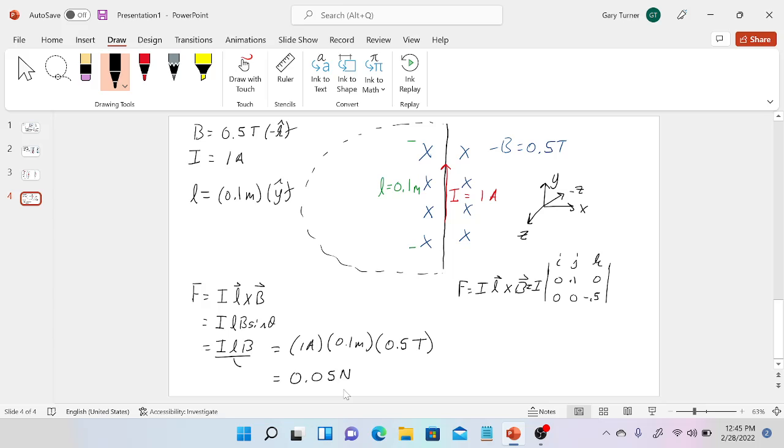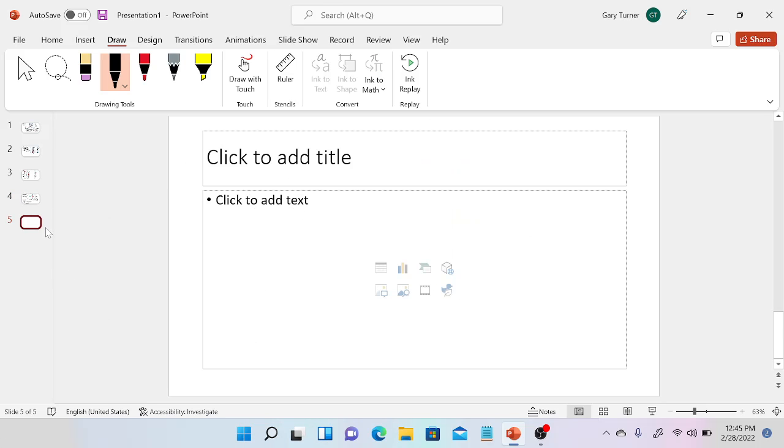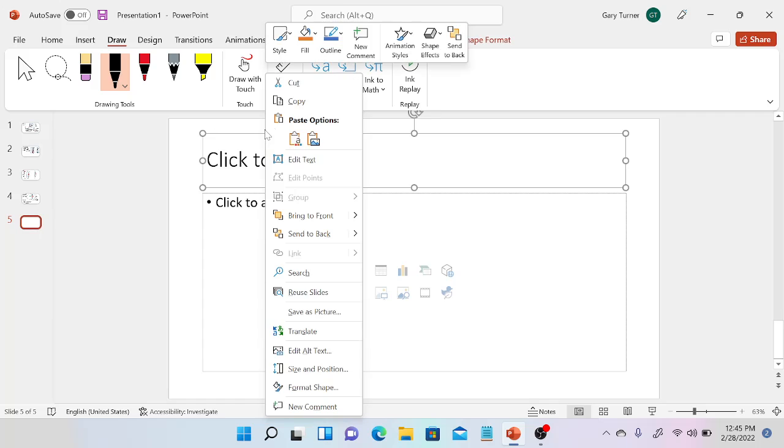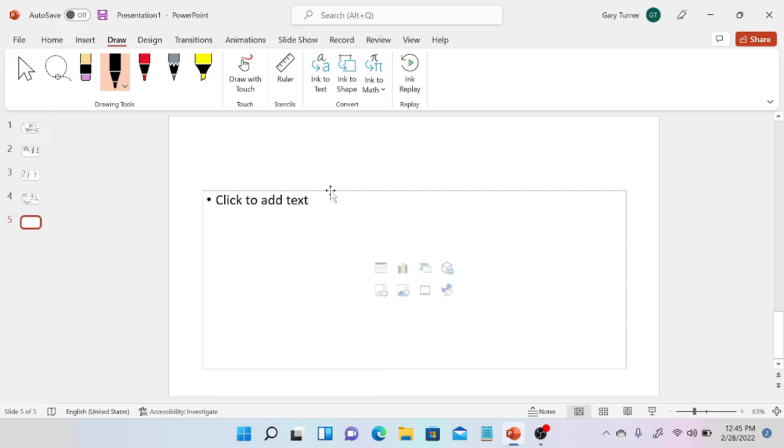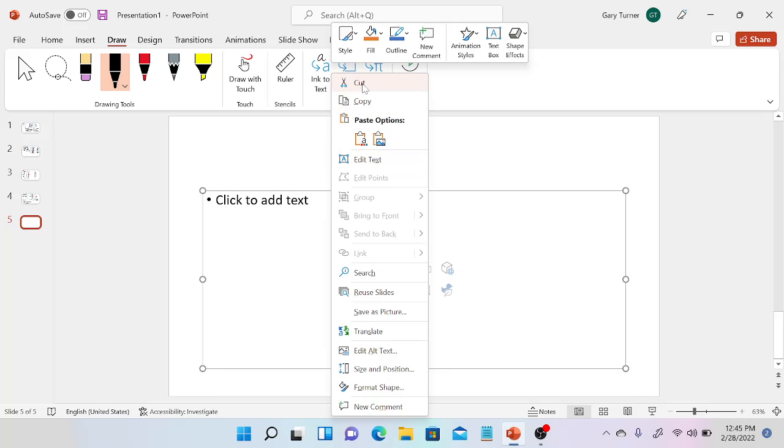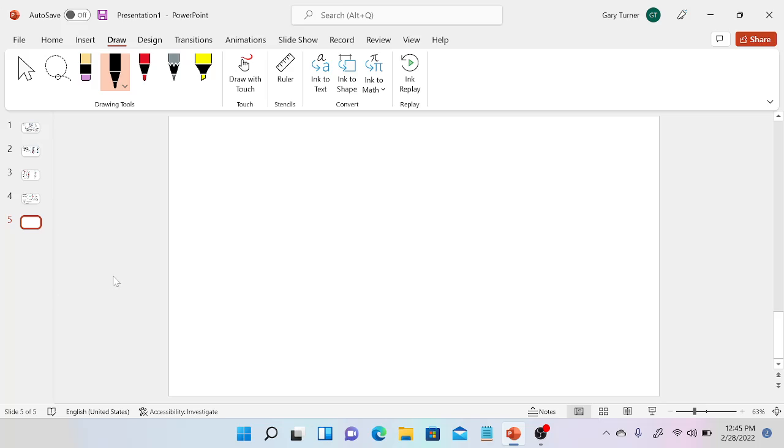Now, there's one last thing to note. And that is this. Remember, we said that magnetic fields were created by moving charges.